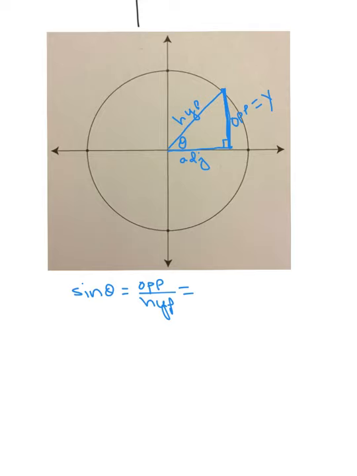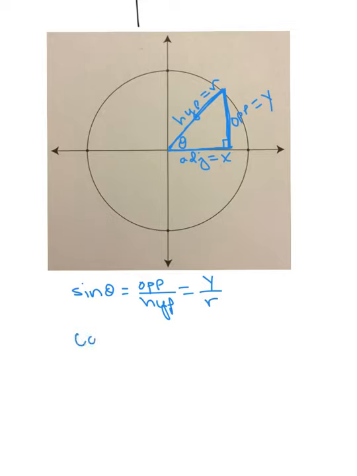The hypotenuse in this triangle goes from the center to the circle. Anything from the center to the circle is a radius. And the adjacent is the x value on that axis. So using x, y, and r instead of opposite and hypotenuse, we would get y over r.